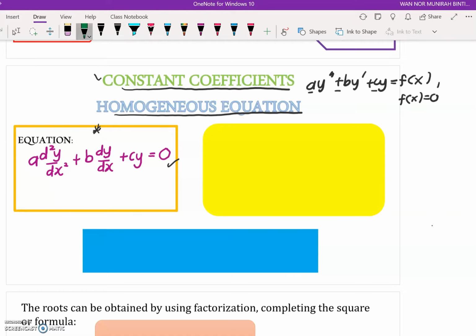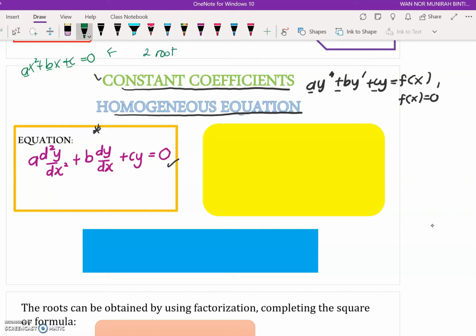We have ax² + bx + c = 0, where a, b and c are all constants, and you can try to get the roots of this quadratic equation. Of course, we have two roots, right?